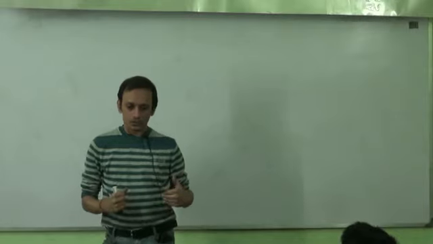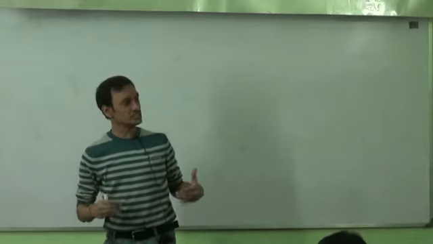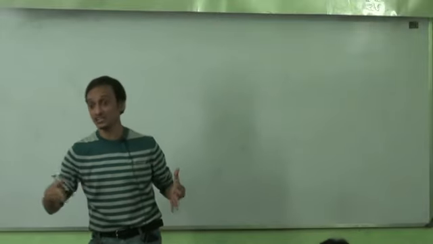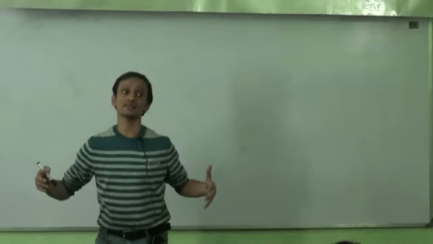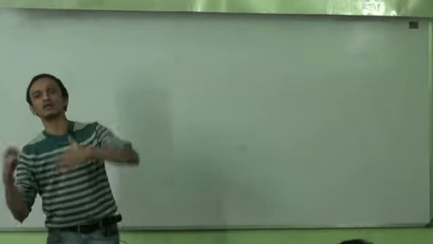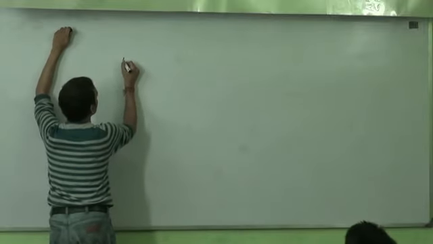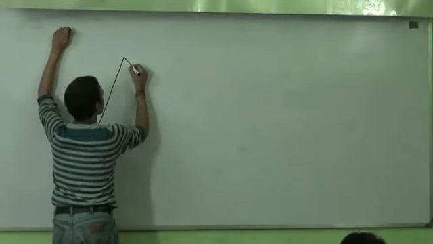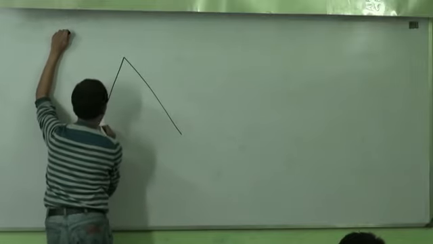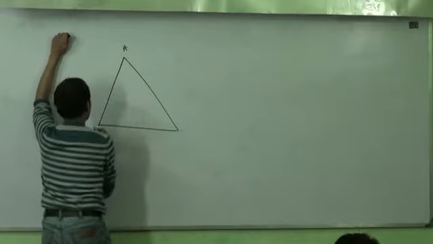Next, we look into a solid right circular cone of height h and radius capital R, mass m. This is a solid right circular cone ABC.